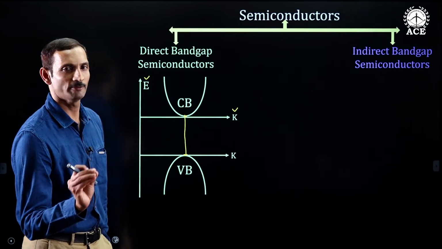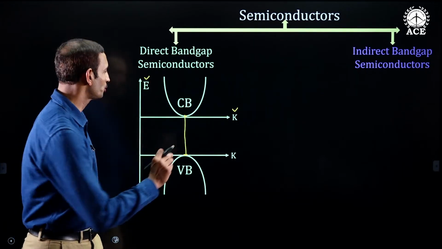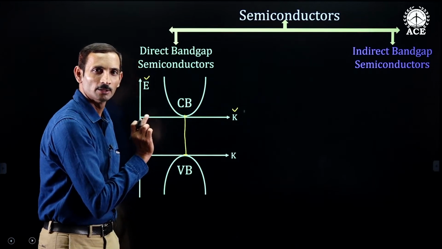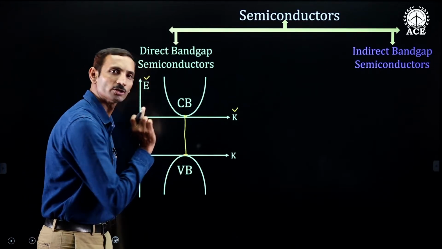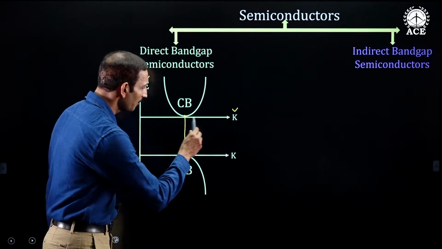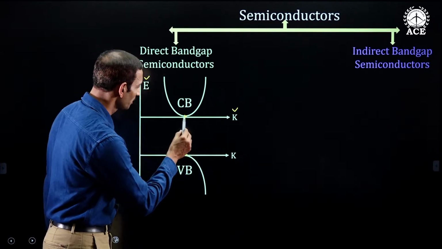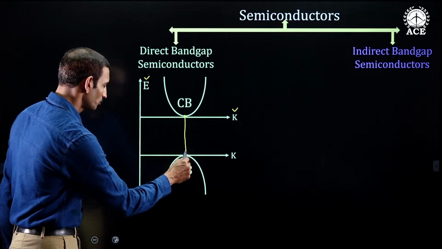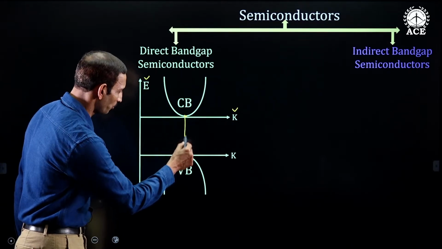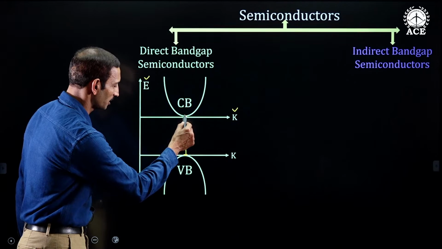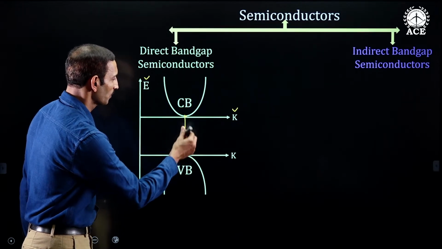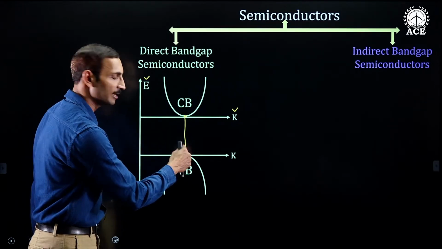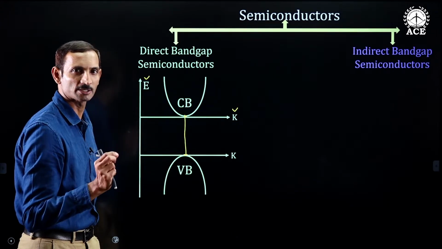Those materials in which the minimum energy of the conduction band coincides with the maximum energy of the valence band for the same value of K. Did you see? This is also the K line, this is also the K line, and these two are the same point. A line joining them would be a straight line. That means they are lying along the same place itself.